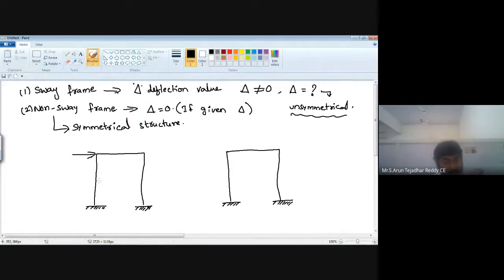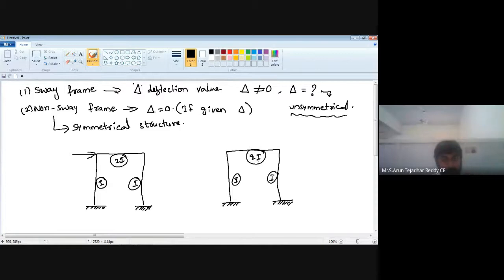Here the moment of inertia I take as I, and here also I, and here it is 2I. Here I, 2I.